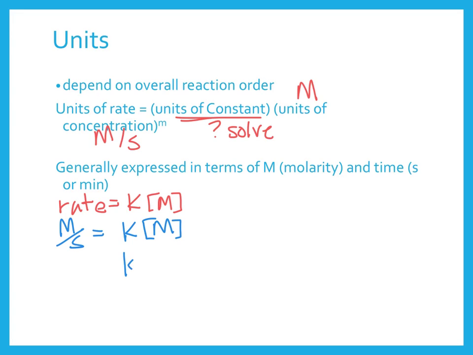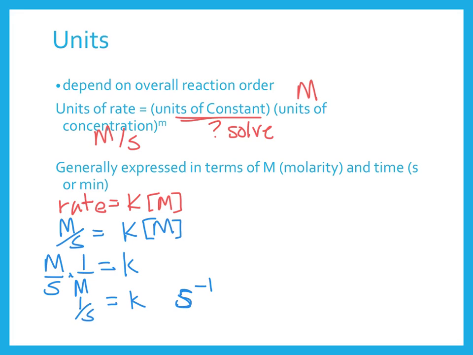If you solve for K, you would have molarity over seconds times 1 over molarity. Simplified, our units for K in a first order reaction would be 1 over seconds.